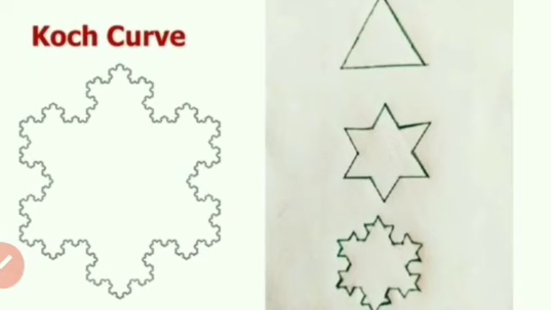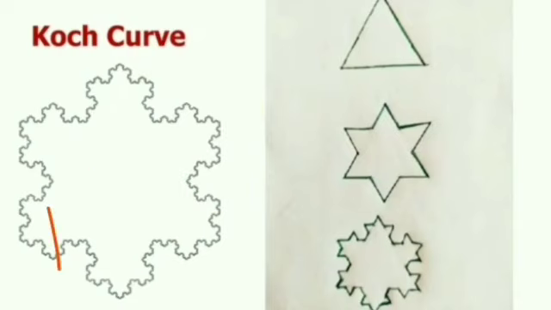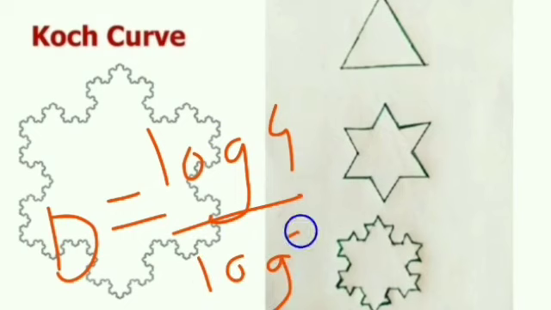So we have 4 is equal to 3 raised to d. Solving for d, we get d is equal to log 4 by log 3, and it is approximately 1.2619.